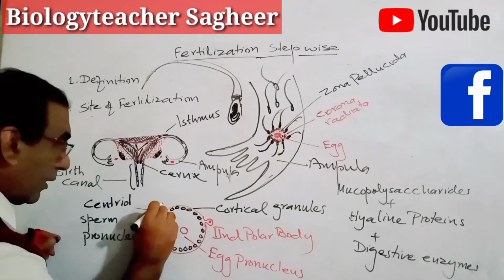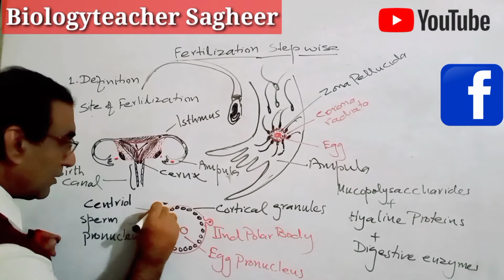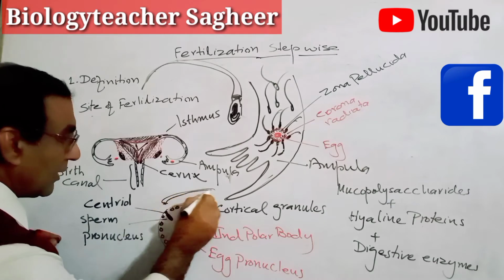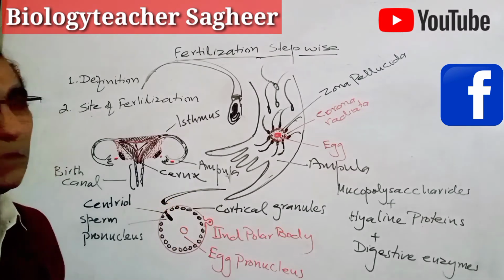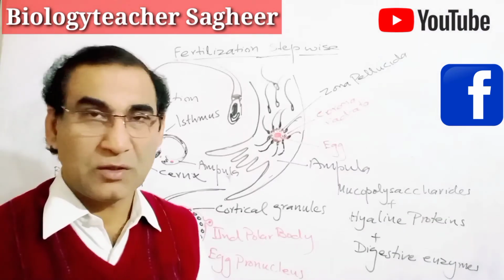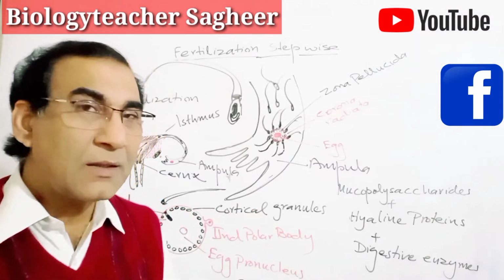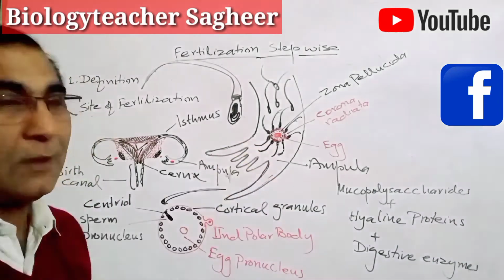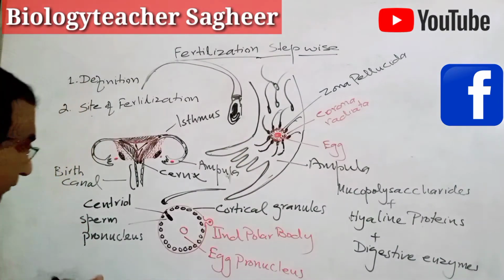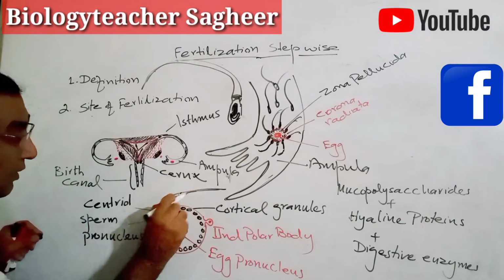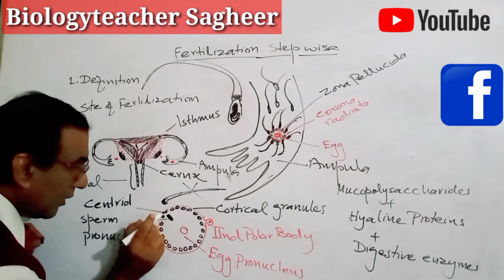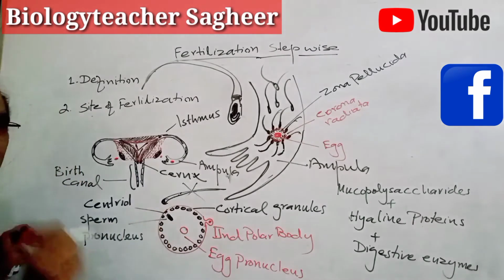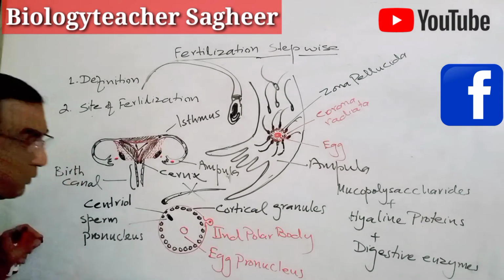Now suppose this is the tail, that is what? Discarded. Now it has nothing to do with the fertilization. It had just to bring the sperm up to the ovum. Now it is discarded. And now here is the head of the sperm, and this is the centriole.